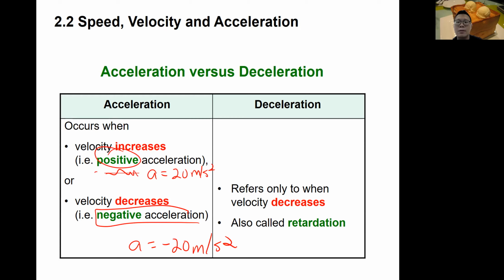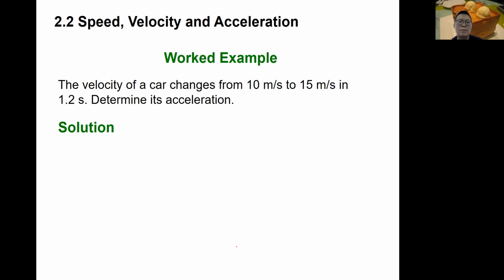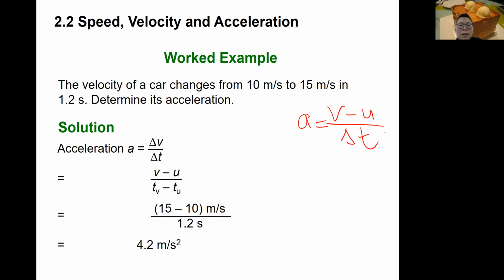Formula wise, acceleration is final speed minus initial speed divided by total time taken. For example, the speed changes from 10 meters per second to 15 meters per second in 1.2 seconds.